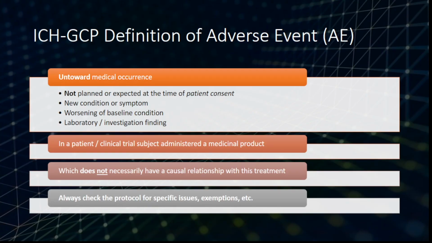So going back to GCP, the definition of an adverse event. The first thing is it's an untoward medical occurrence. The word untoward means that it was not expected. That word is really important, and people forget it all the time. It means it's not planned or expected at the time the patient was consented into a study.